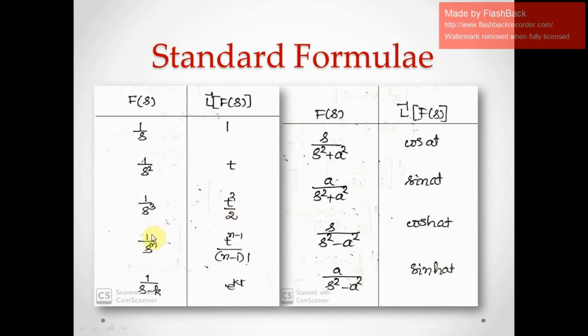In general, if we have 1 by s power n, it would be a power lesser here. S cube became t square. So if it is s power n, this will be t power n minus 1 by n minus 1 factorial. What is the power of t? The same factorial will come as the denominator.